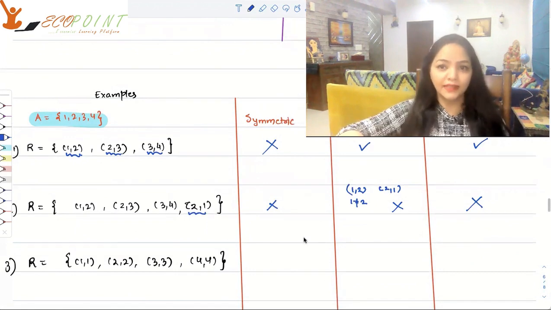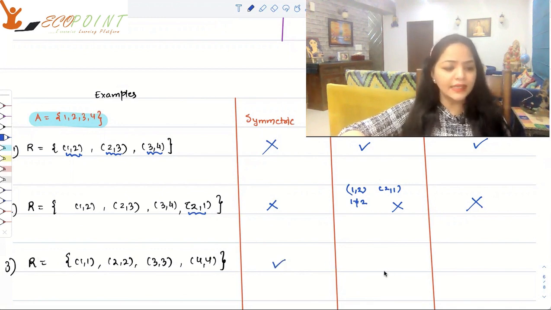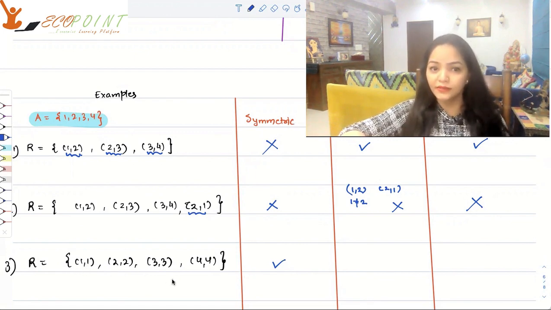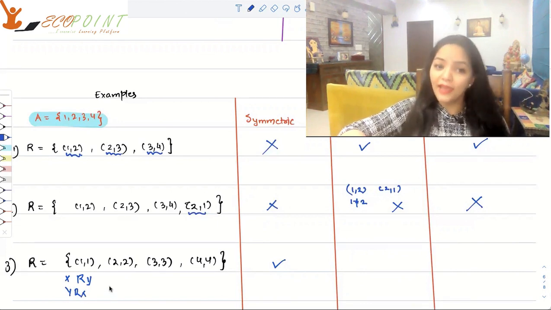If you take just the diagonal entries, what's going to happen? Is it a symmetric relation? Absolutely, yes, we've done that before. Is it an antisymmetric relation? Absolutely, yes, because x R y and y R x both are happening. If you take 1 as x and 1 as y, x R y is happening and y R x is also happening, and that is implying that x is equal to y.